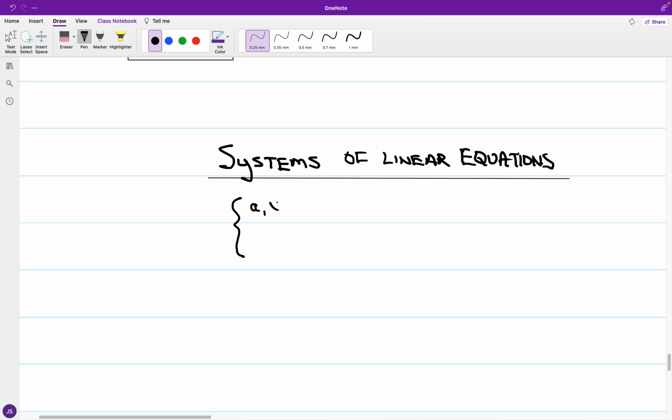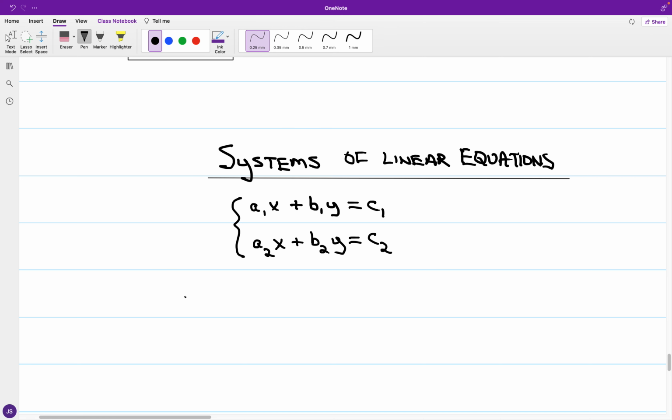Say we have a sub 1 x plus b sub 1 y is equal to c sub 1, along with a sub 2 x plus b sub 2 y is equal to c sub 2.